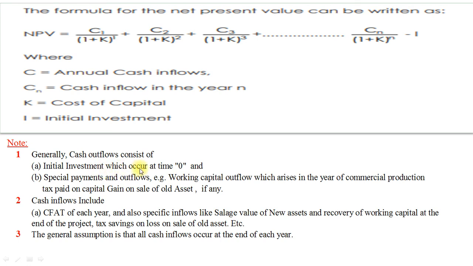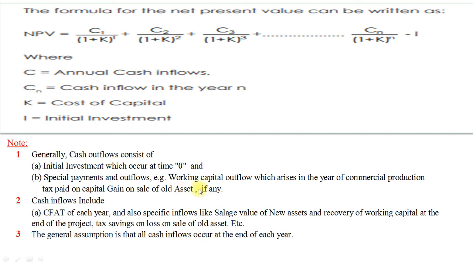On the first day, whatsoever investment is made in the project is known as initial investment, plus special payments and outflows, that is working capital outflows which arise in the year of commercial production, and tax paid on capital gain on sale of old assets, if any.